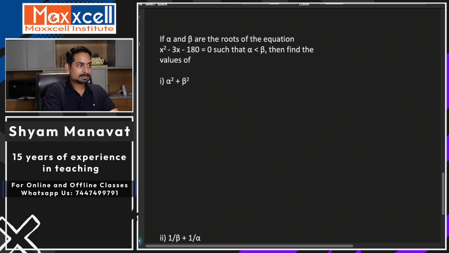Now first we will understand the product of roots and sum of roots by the given equation. Tell me, for x square minus 3x minus 180 equals 0, if roots are alpha and beta, what will be sum of roots? Minus b upon a. Minus b is what? Coefficient of x, that's minus 3 here.